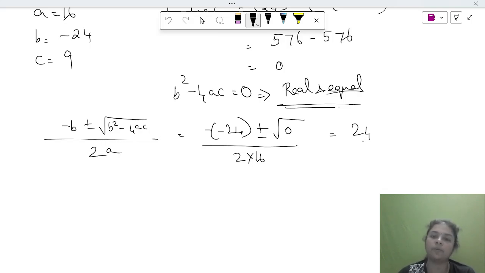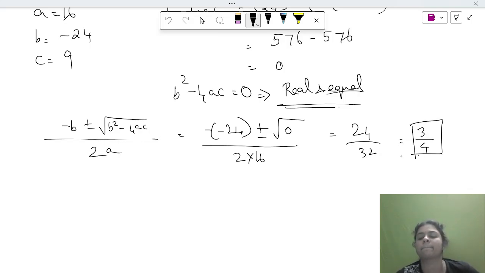Whether you put plus 0 or minus 0, the answer is the same. So divided by 16 into 2, which is 32. So the value of x will be 24 by 32, 0.75 or 3 by 4. So the value of x will be 3 by 4.